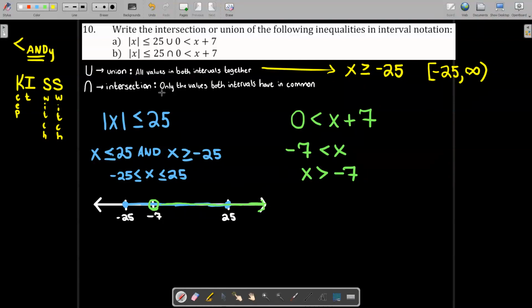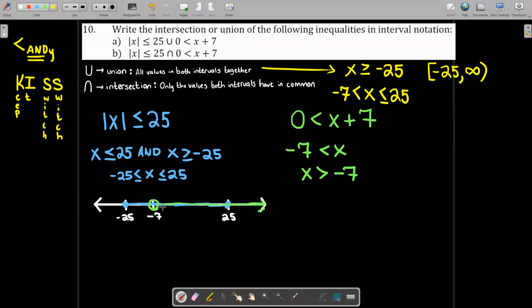The intersection are only the values that both of the intervals have in common with each other. So the only places that are green and blue are between negative 7, but not including negative 7, and positive 25. So we can say that x is between those two values. X is greater than, but not equal to negative 7, less than or equal to 25.